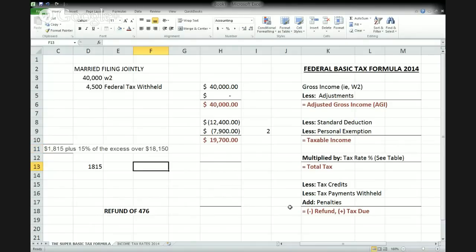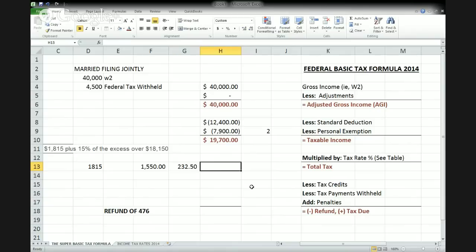So we're going to do 19,700 minus 18,150. That equals $1,550. And then we're going to multiply that by 15%. That's going to be $232.